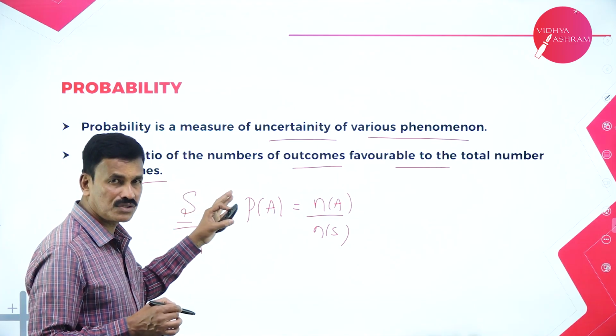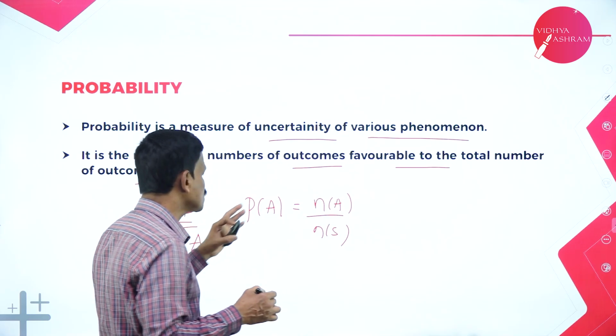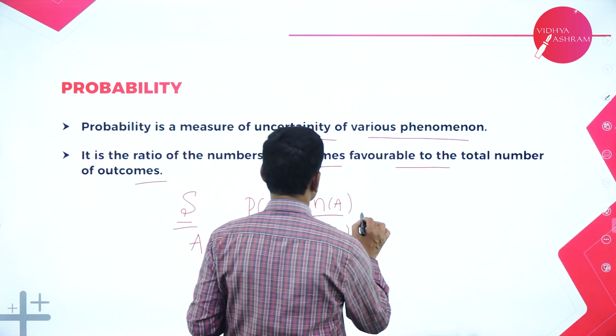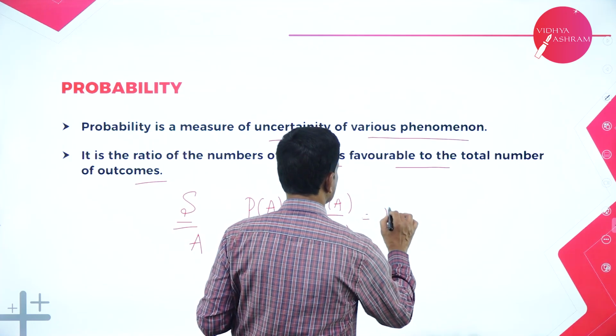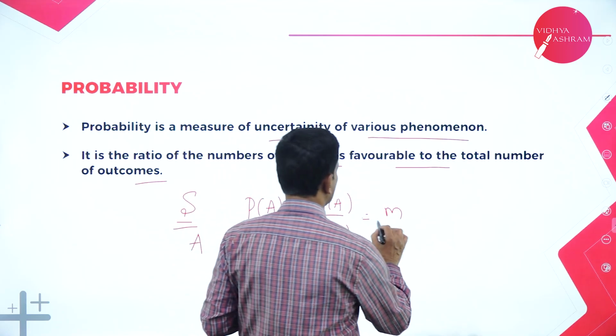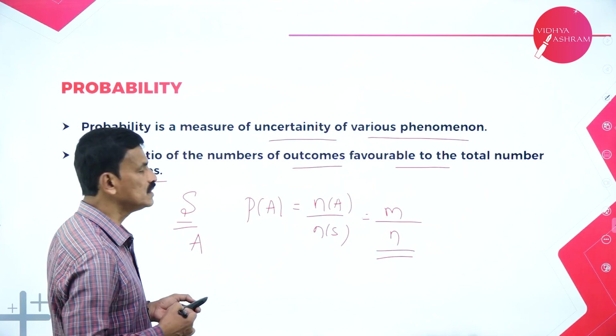Suppose if m is the number of favorable outcomes and n is the total number of outcomes, then m/n is the probability of the given event.